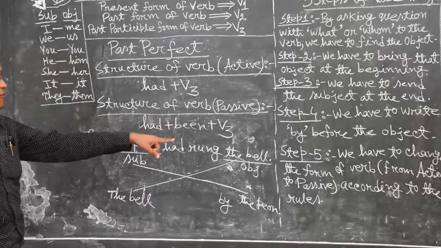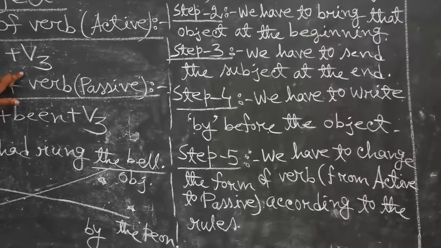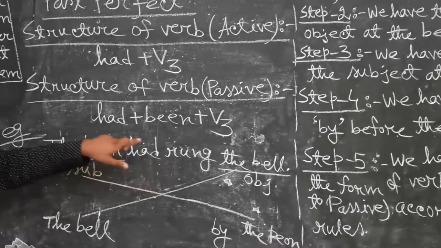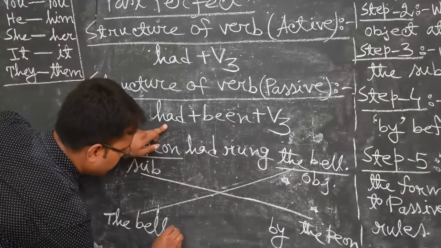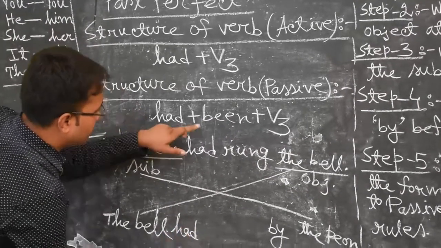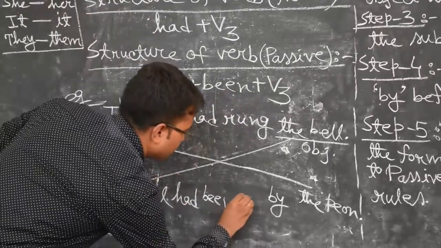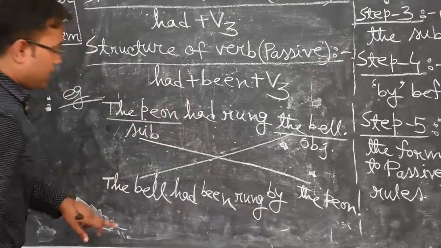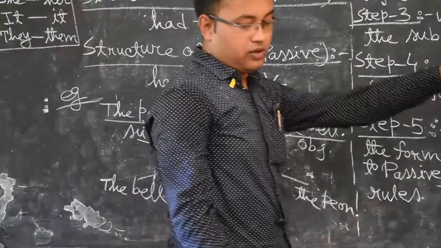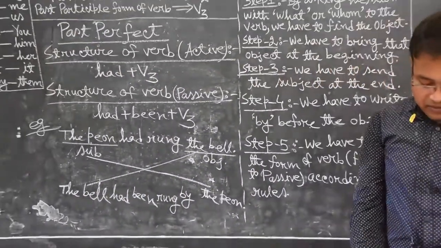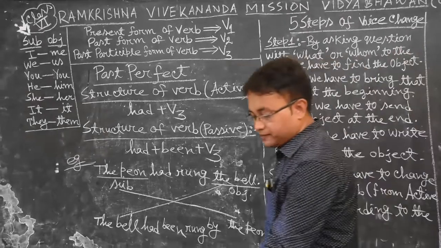And step 5, we have to change the form of verb from active to passive according to the rules. Had plus V3 will become had plus been plus V3. So had been, and V3 is rung. The bell had been rung by the peon. Okay?